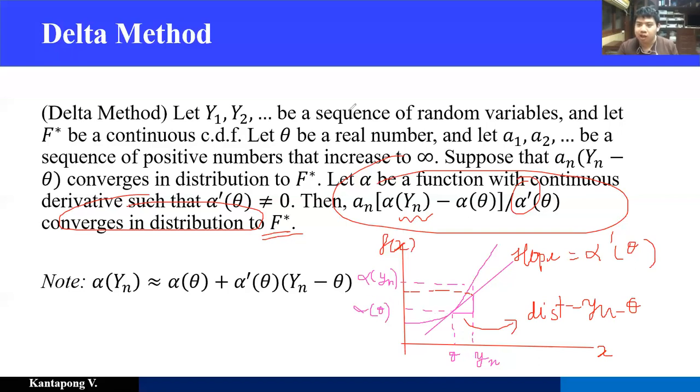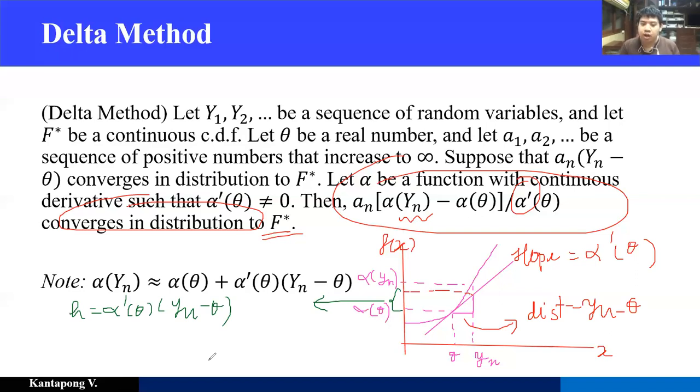So the height that we want to go is g prime of theta times Yn minus theta. That is the origin of the approximation.